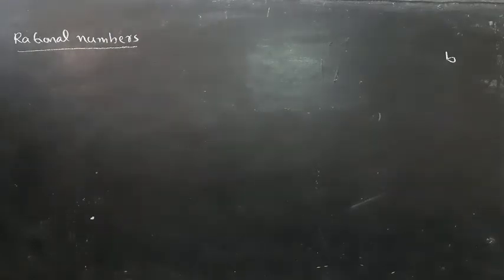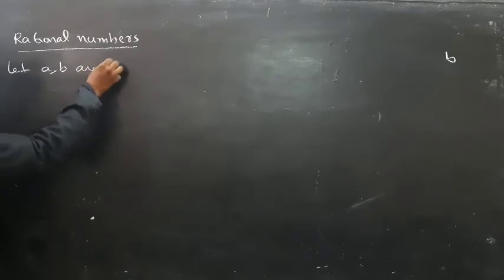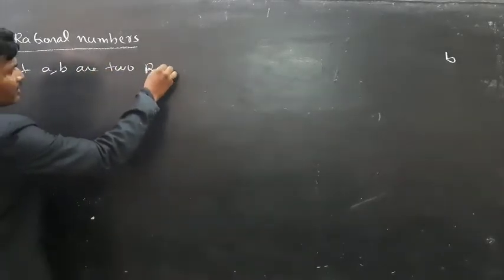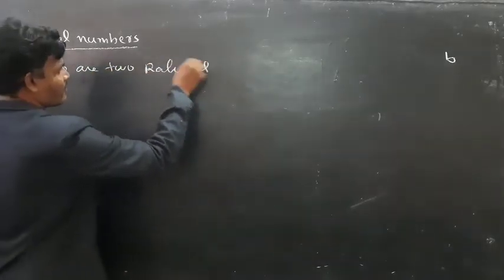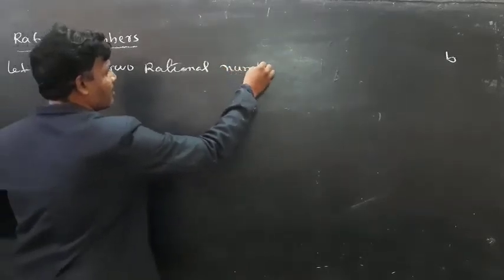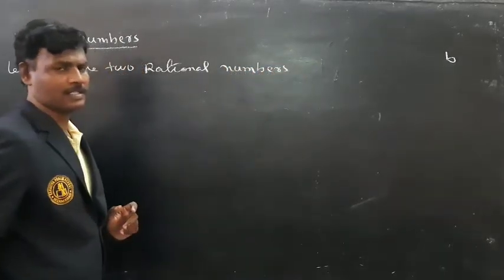Next, rational numbers. Let A comma B be two rational numbers.